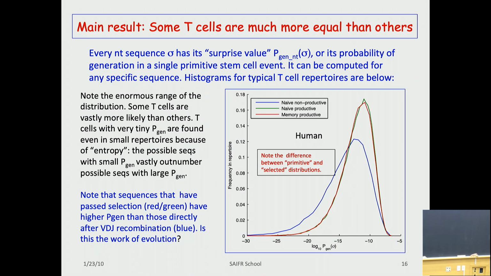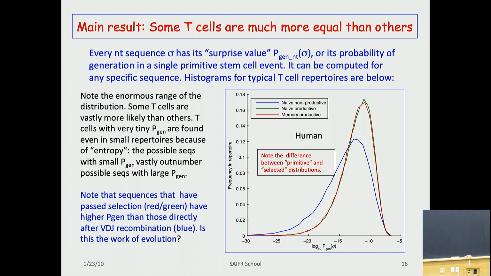I think this is where I got last time, and basically, the end result of this procedure, the ability to construct the generative black box, is that for any sequence that you see, you can assign a probability of generation.